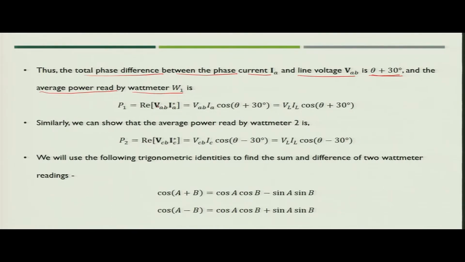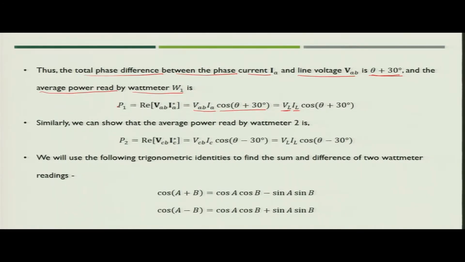When you put in the values of VAB and IA, the real component of VAB into IA conjugate will be VAB IA cos(theta plus 30 degrees), where VAB is nothing but the line voltage VL and IA is nothing but the line current IL.